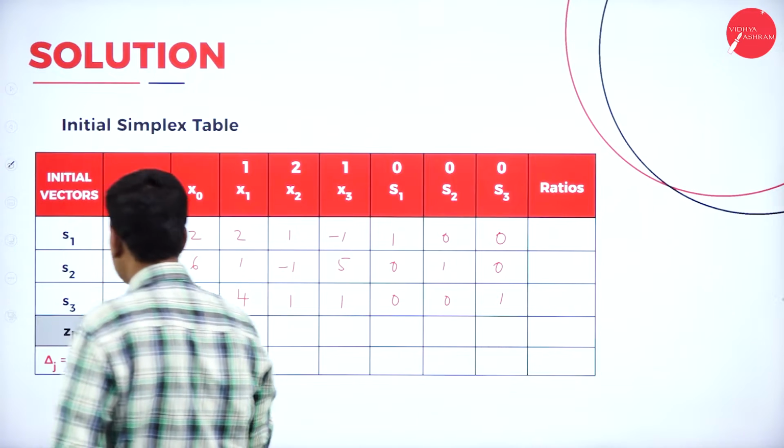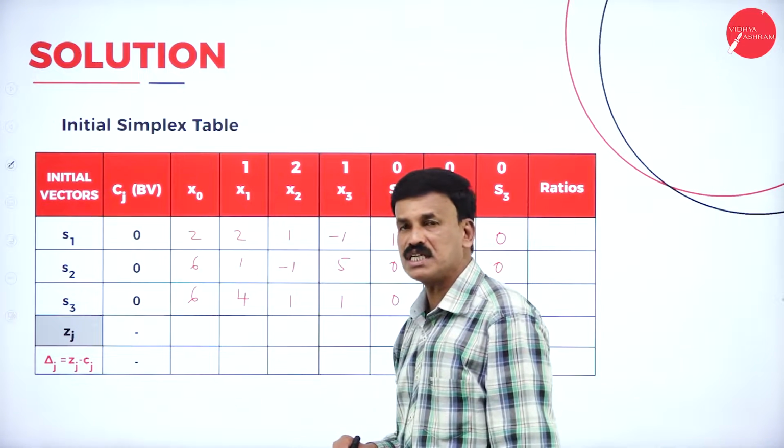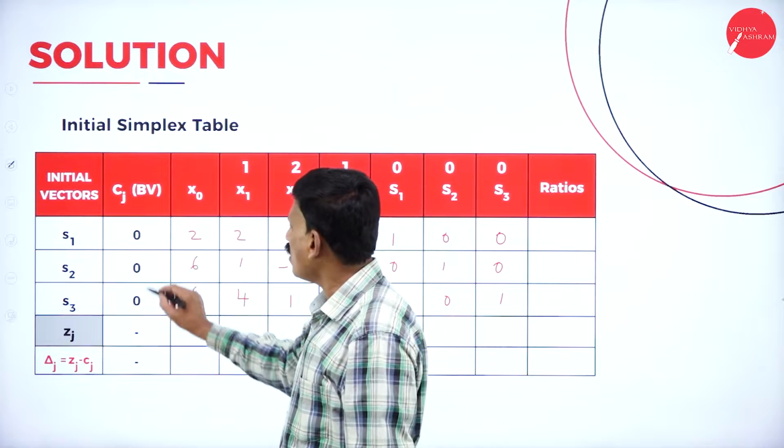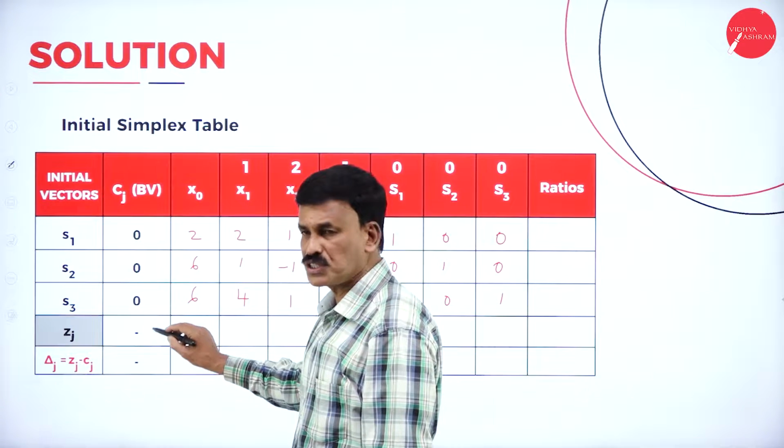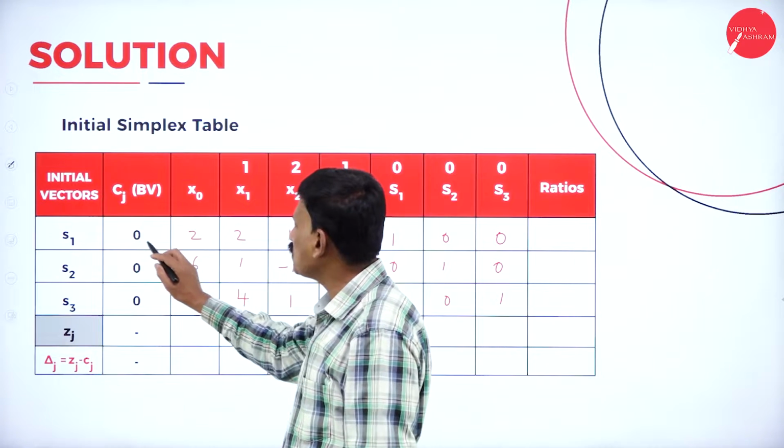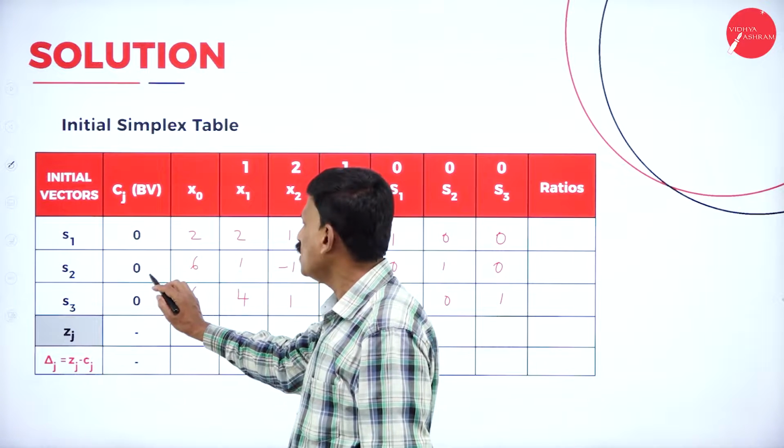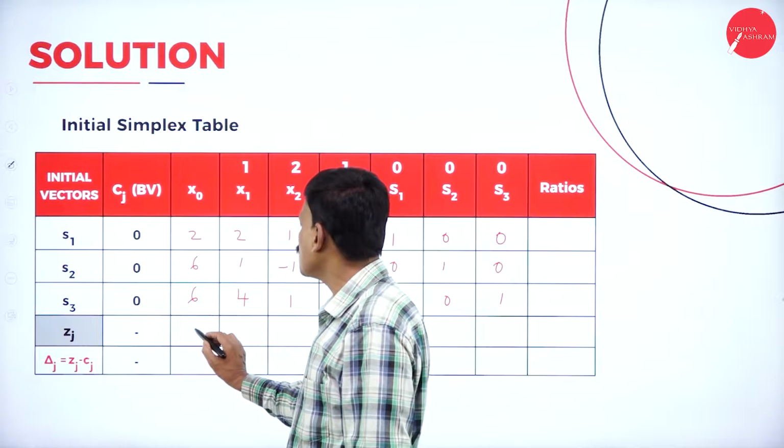Now let us find the value of Zj. Since all the values in Cj are 0 0 0, multiplying with 0 gives 0: 0 into 2 is 0, 0 into 6 is 0, 0 into 6 is 0.